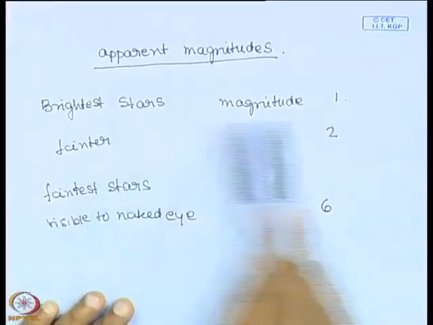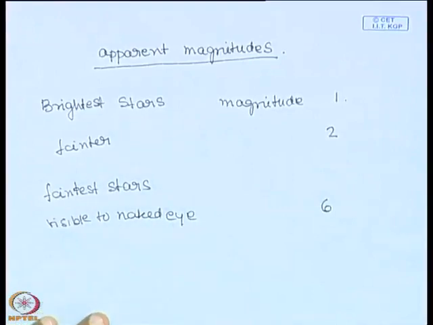So this was done by the ancient Greeks. They classified the stars and associated these kinds of numbers, this kind of a scheme.